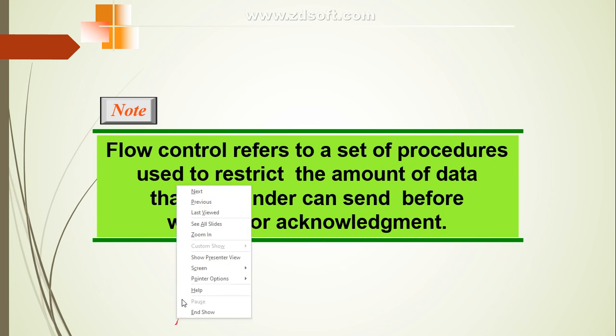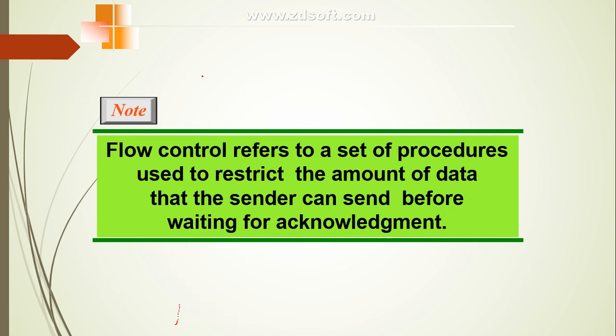Suppose any sender is going to send data at a rate of 10 Mbps, but the receiver has the capability of receiving data of 5 Mbps only. What is going to happen? The receiver would be overwhelmed. Either it needs to discard those packets, or it would stop.